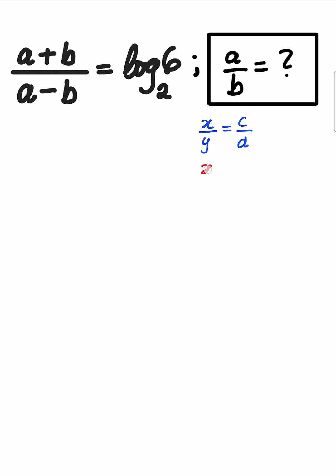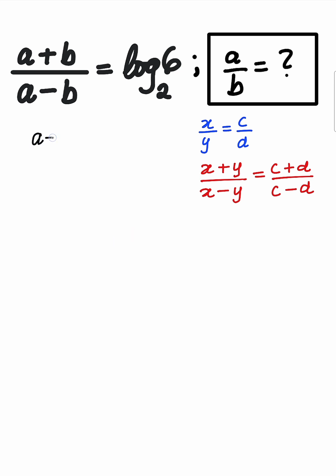It implies that (x plus y) all over (x minus y) equals (c plus d) all over (c minus d). In some cases it is called componendo and dividendo.